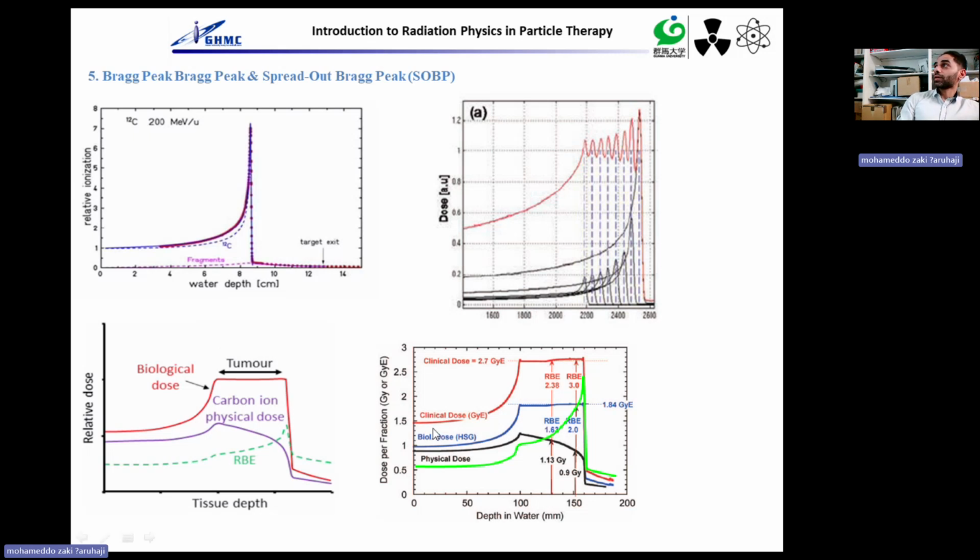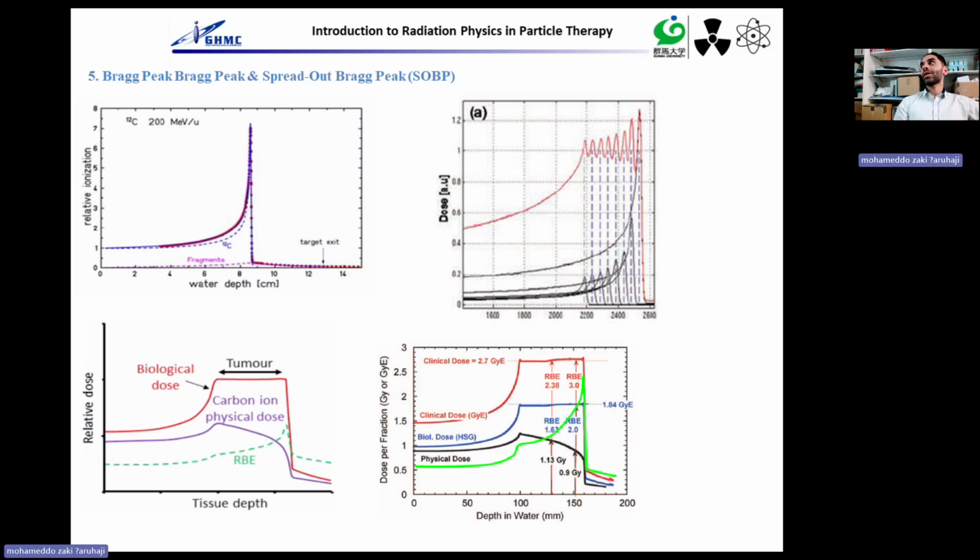So the clinical dose is the dose I use to treat patients, and it is clinically acceptable. It depends on what I am treating, how much dose I am sending, and where I am sending it. But this is my clinical dose.